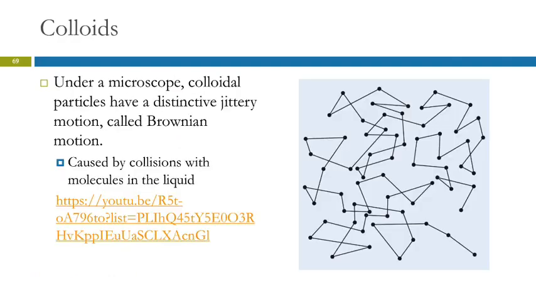Under a microscope, particles in a colloid have a distinctive jittery motion. It's called Brownian motion, and it's caused by collisions that these particles have with molecules in the liquid. Colloids are neat because these particles are actually large enough that you can see them with a good microscope, and so you can observe this.